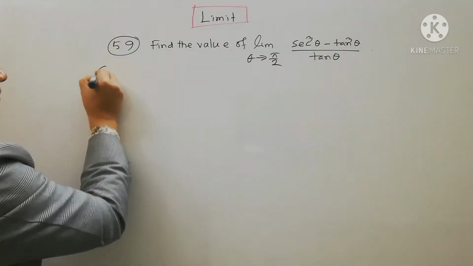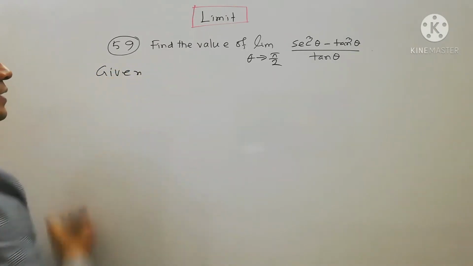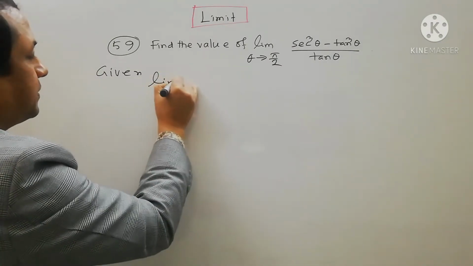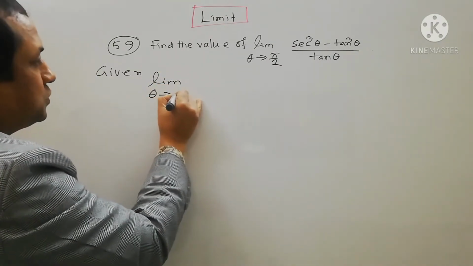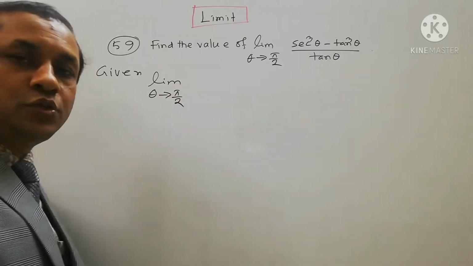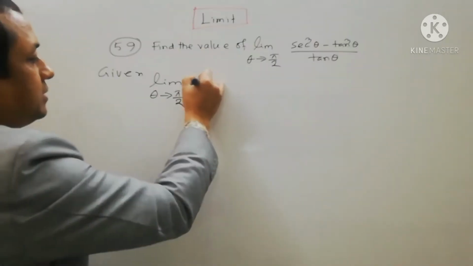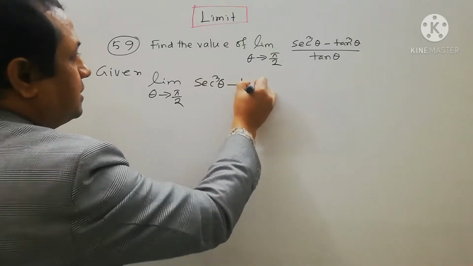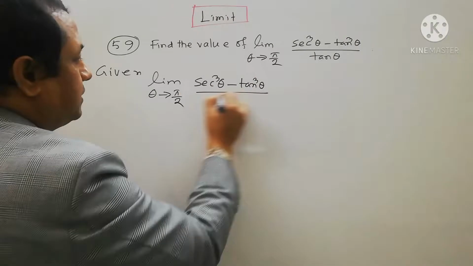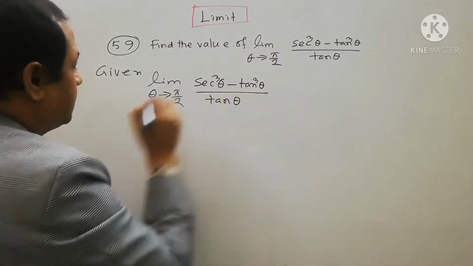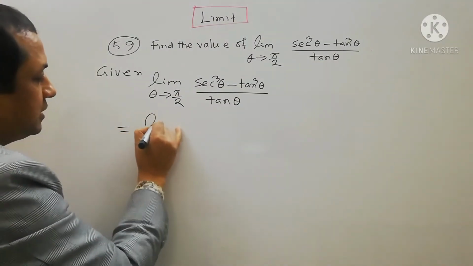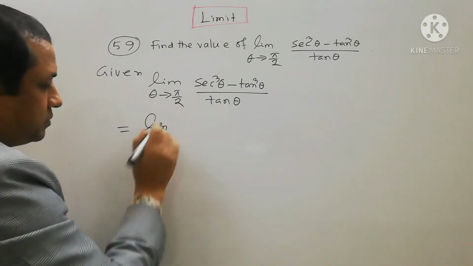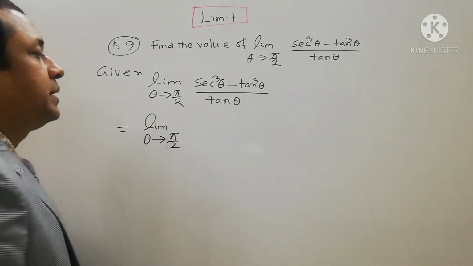Now given: sec cube theta, limit theta tends to pi by 2, sec cube theta minus tan cube theta by tan theta. So student, here limit theta tends to pi by 2.